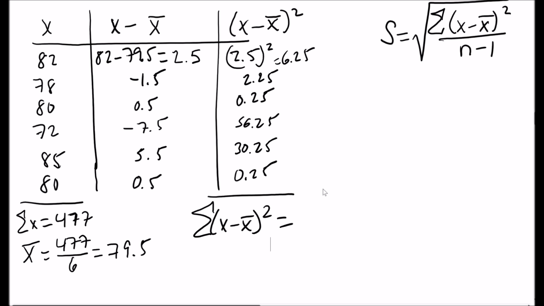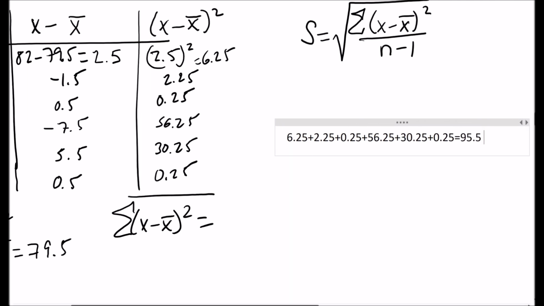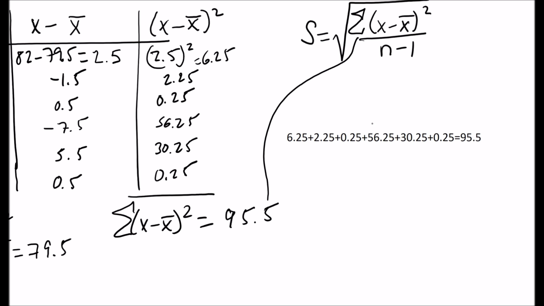So now we have to add these guys: 6.25 plus 2.25 plus 0.25 plus 56.25 plus 30.25 plus 0.25. So you get 95.5. All right, so that is going to go in our numerator.